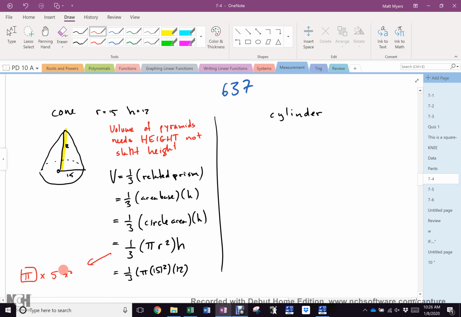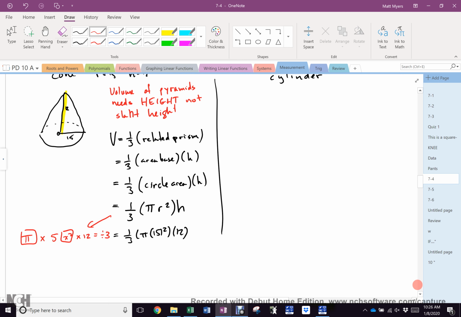Then we'd probably hit the x squared button. Then times 12. Then equals. Then divided by 3. And what is it? For IRL? Real life.